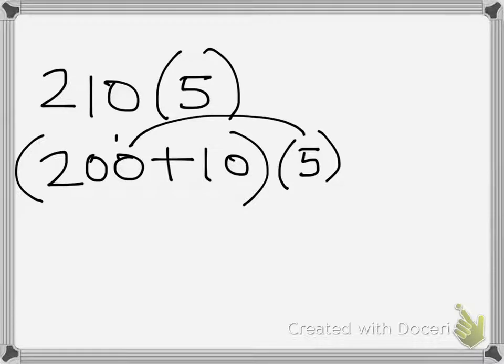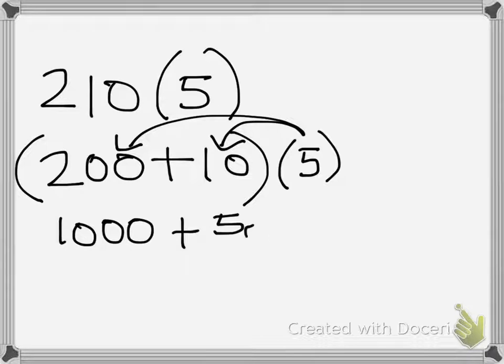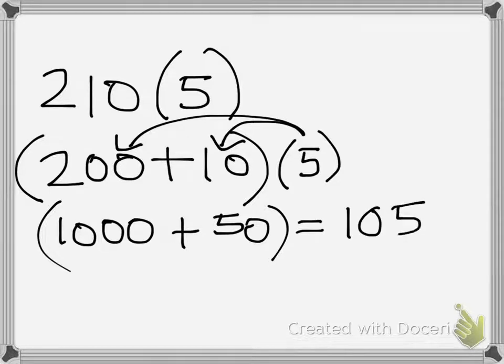Then I would distribute the 5 to both 200 and 10, and I'd get 1,000 plus 50, or 1,050. So that's how you could use the distributive property to break up a problem into a more manageable mental math problem.